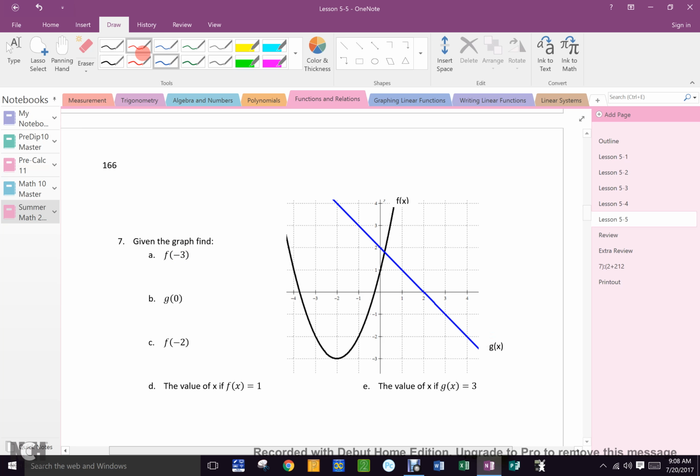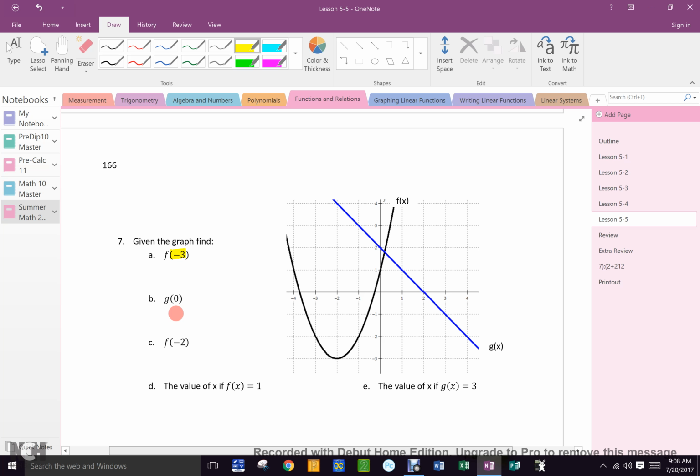So this first one is the f of negative 3, yes? So am I dealing with the curve or the straight line? The curve, because the curve is the f of x. What do I have here? Negative 3. Is negative 3 an x value or a y value?